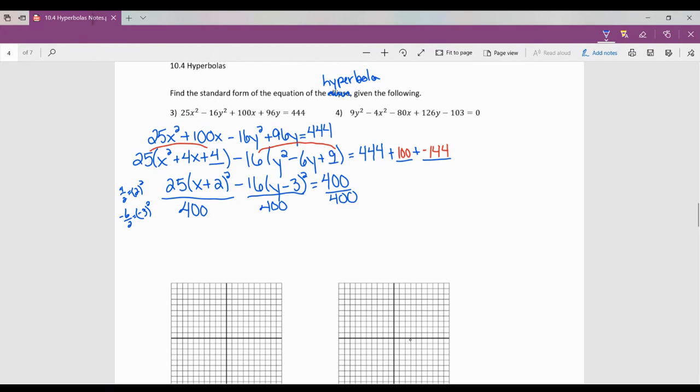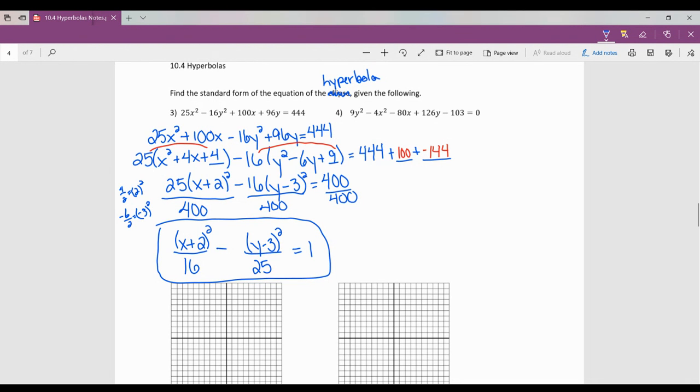So we've got 16 on the denominator, and we've got x plus 2 up top, squared, minus, and then 16 over 400 is going to be 400 divided by 16 is 25, and then y minus 3 squared equals 1.